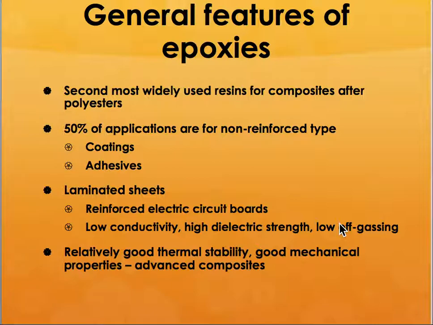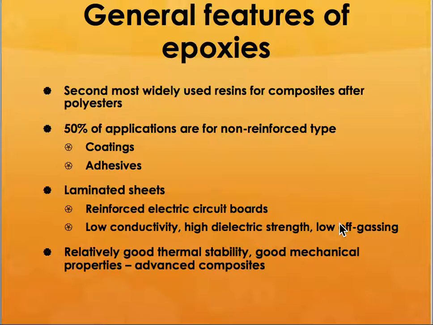It is the second most widely used resin for composites after polyesters, but it is the most used resin system for engineering applications, especially high-end applications, because it is neither as expensive as some of the most exotic resin systems, but it is not as cheap as polyester and similar resin systems.